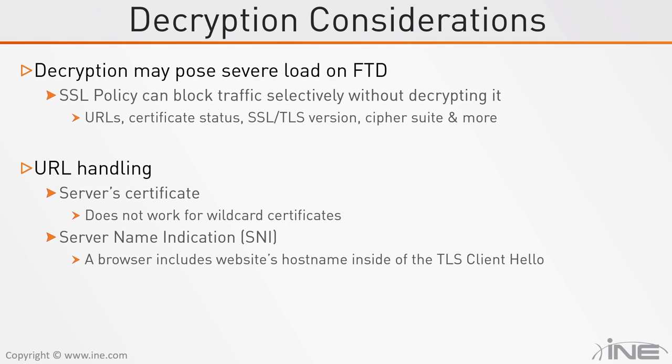So with SNI, the logic is that the browser, the web client, is going to include the information about the website it is trying to connect to inside of the SSL/TLS client hello message. This is going to be one of the extensions of the TLS client hello. So this information, of course, is going to be visible since it goes in clear. This is what FTD is going to see during the negotiation, during the handshake, and we'll be able to use that for the policy rules.